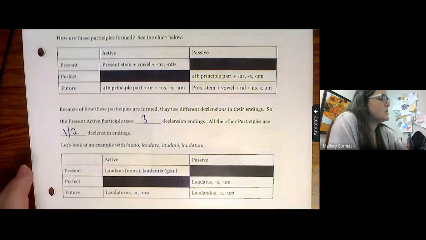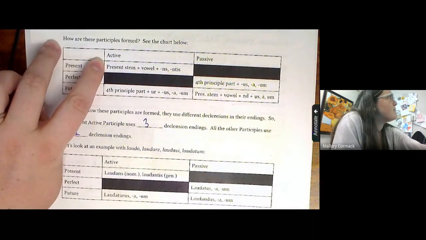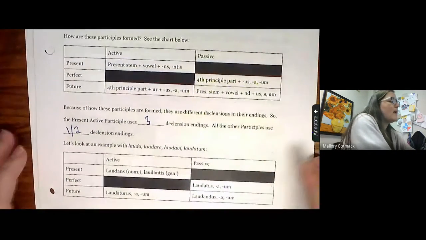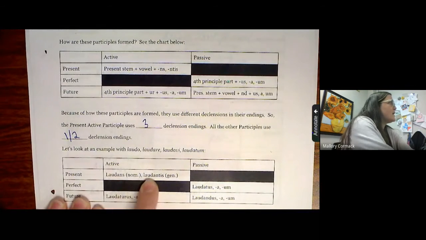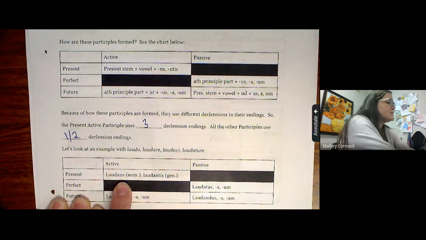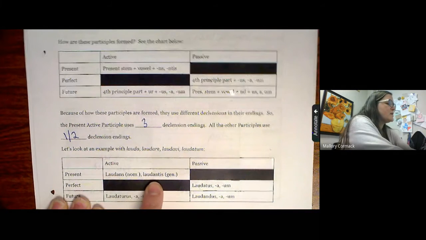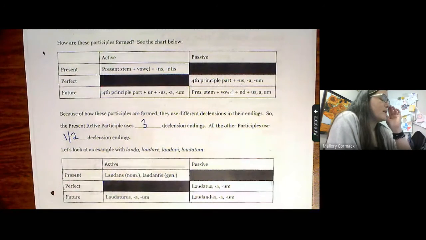Now let's look at what these look like. So if we're doing our present active, our present stem, vowel, and NS, then NTIS, we'd have laudans, laudantes. So that's laud, our present stem, A, our vowel, and NS. Laud, present stem, A, our vowel, NT, remember present, and our IS ending there for the genitive.